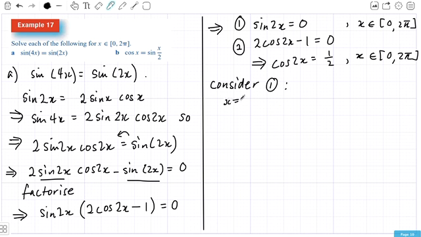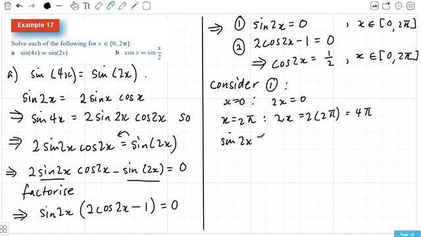So when x equals 0, we've got 2x equals 0, and when x equals 2 pi, we've got 2x equals 2 times 2 pi, which equals 4 pi. So for sine of 2x equals 0, we're going to consider that for 2x between 0 and 4 pi.